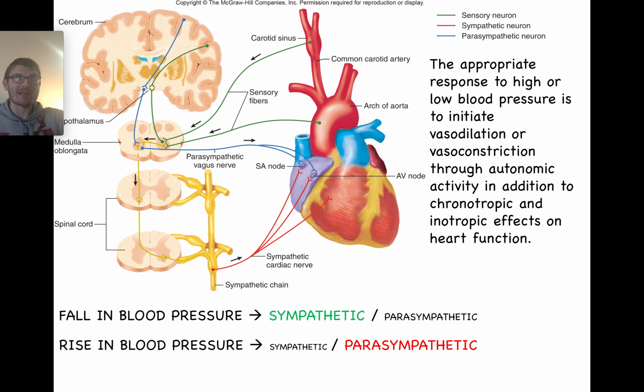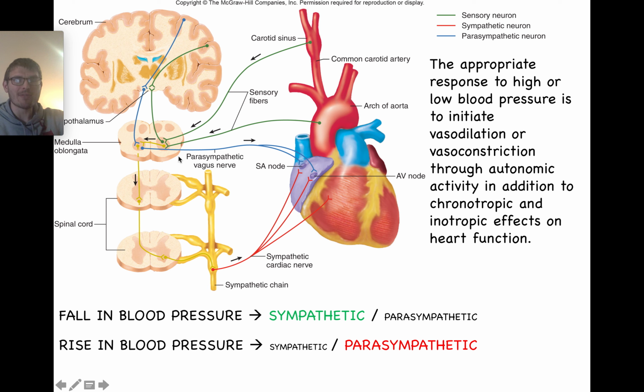So the idea here is that if your blood pressure falls, you are going to want a sympathetic response. A sympathetic response is going to raise your heart rate, raise your stroke volume, and therefore raise your blood pressure. So you always want your response to be counter to whatever your stimulus or problem is. On the other hand, if you have a rise in blood pressure, you are going to want a parasympathetic response.